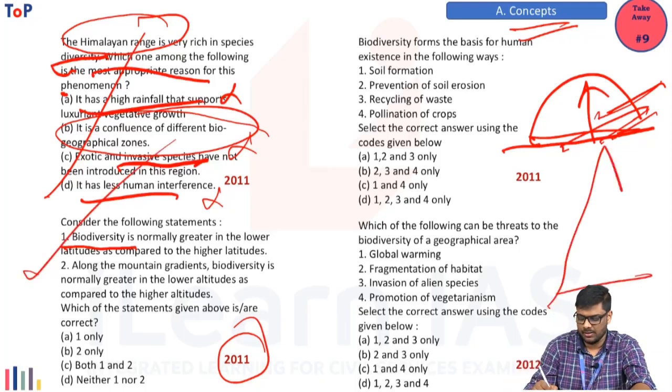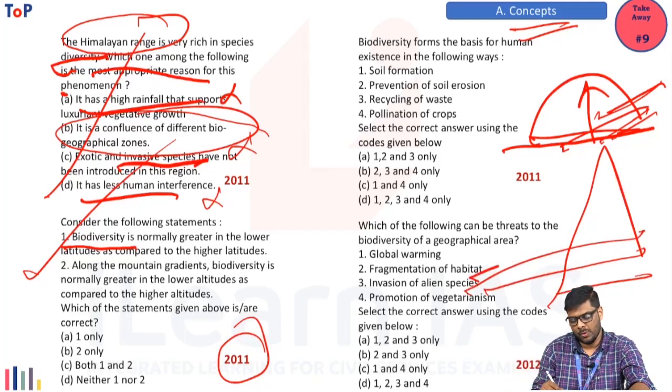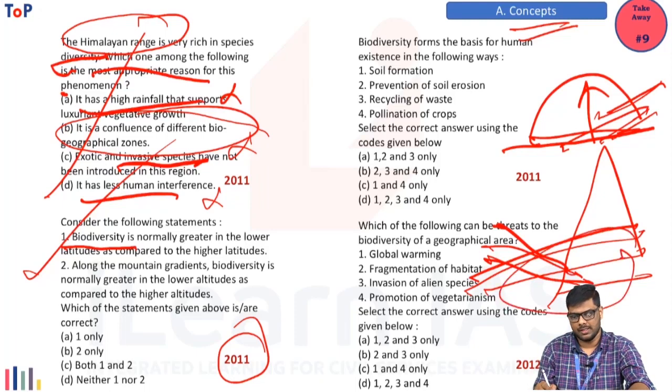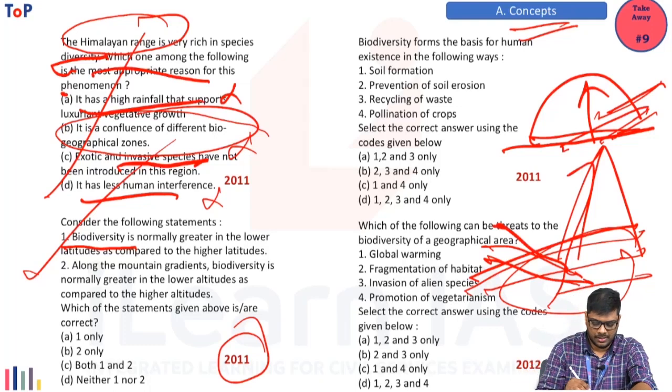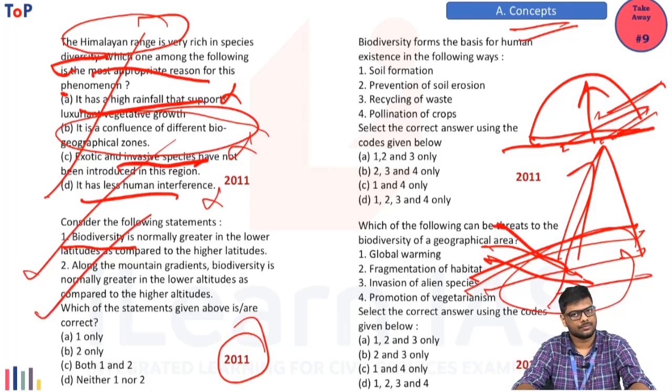And if we take altitude, at the lower levels of mountains there is more insolation, more heat energy, more rainfall, more biodiversity, more thermal activity. And as we go higher, biodiversity comes down. So both the statements are correct.